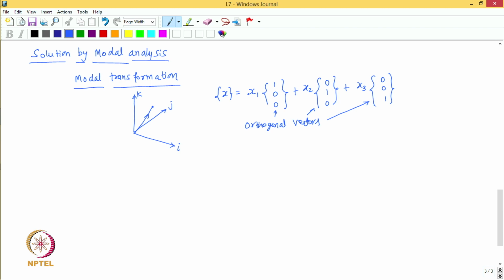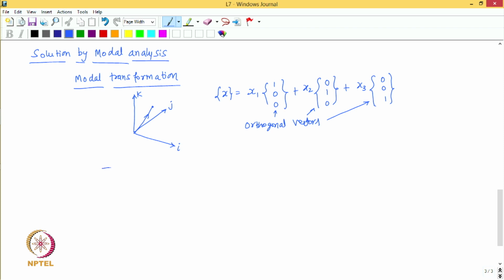So, x1, x2, x3 indicate the participation of each vector in the vector x. In the same way, there is something called modal transformation, in which the eigenvectors of the system are taken as the basis vectors.